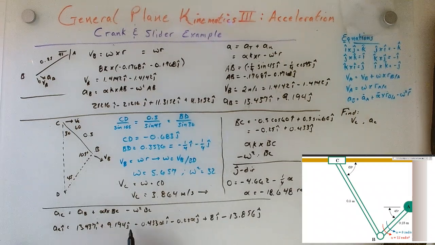Okay, all right, so finishing this up, we can solve now in the x direction, right? So in the I direction. So AC is this. So what are we doing here? We're in the I direction. We have 13.437 minus 0.433 times this.